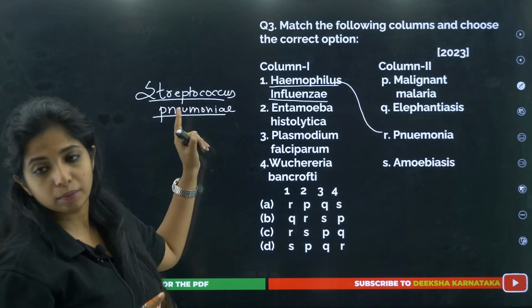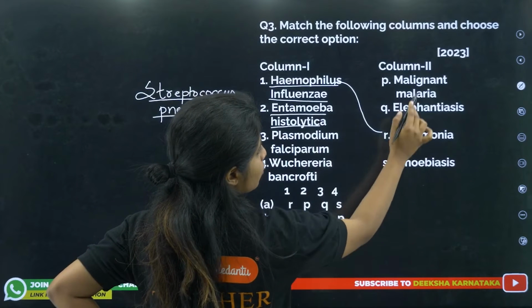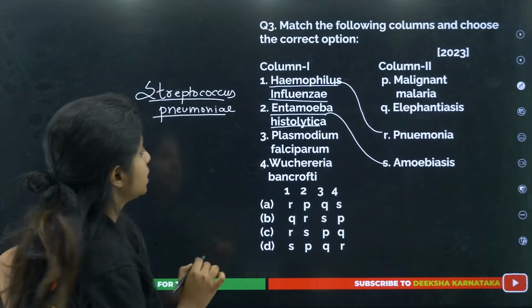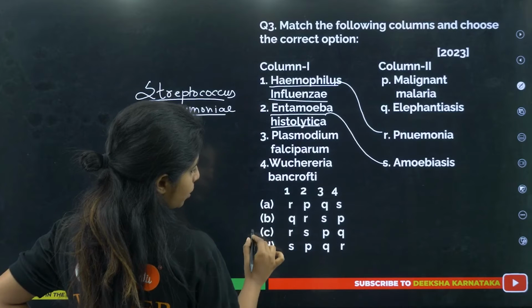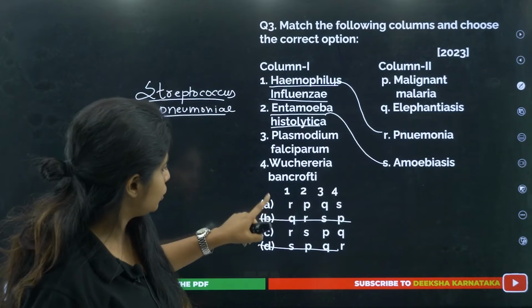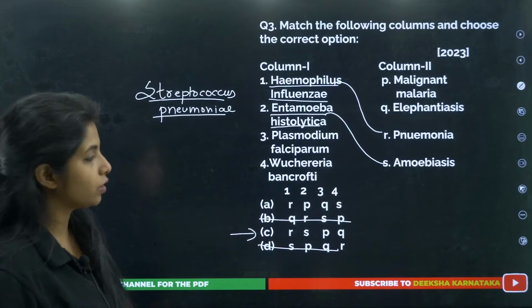Okay, both of them, they are bacteria. Now, Entamoeba histolytica, I told you it is causing what? Amoebiasis, or you call it amoebic dysentery. Okay, let's see. 1 with R. 1 with R, you have 2 options. Let's eliminate these options that you have. Now, 2 with S. 2 with S, you just have 1 option. Let's concentrate on these options and let's see if it is going correct or not.